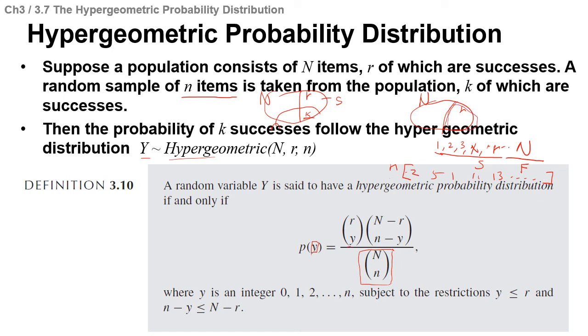And we have N minus r number of failures, so the other is N minus r choose n minus y. So this is the probability for the hypergeometric distribution.